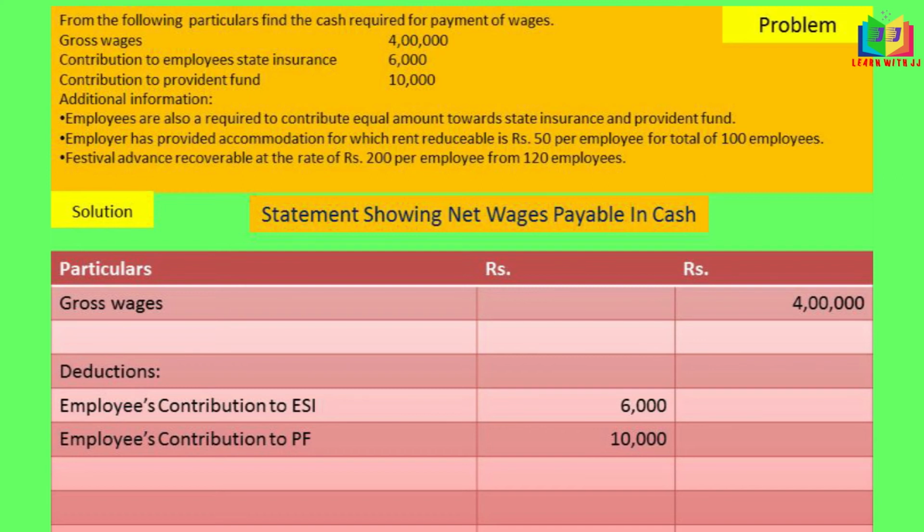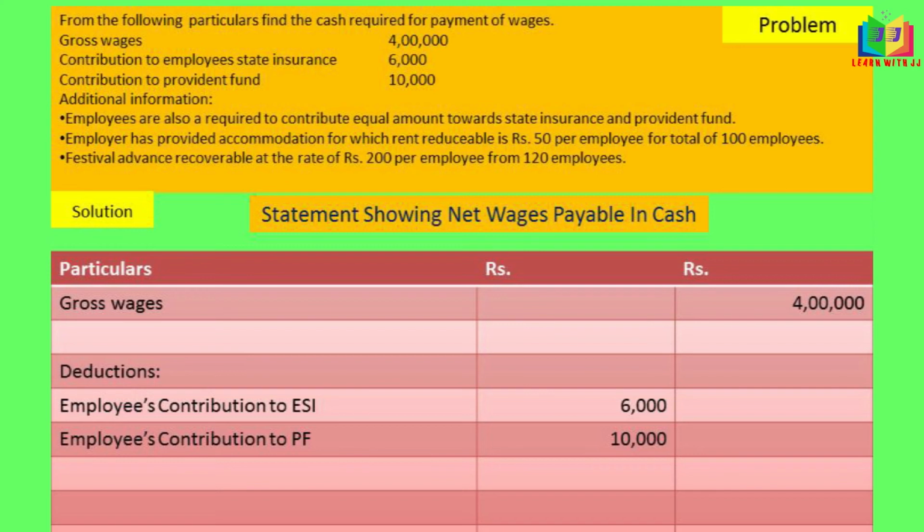We have to subtract only the employee's contribution here. Out of this 4 lakh, this is recoverable from the employees. This ESI contribution and PF contribution and rent, like that we will recover from the employees. So we will subtract all these things here.